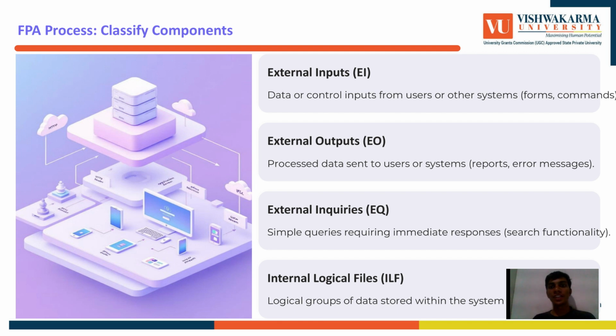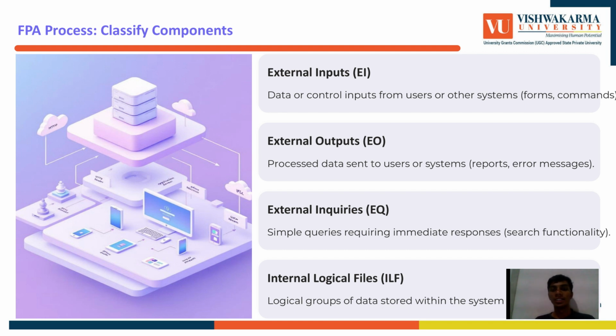Step 2 is to classify the components of the system. There are 5 types. Let's break them down with quick examples. External input, EI, is data entered by the user. For example, a form to add a new book. External output. Data that comes out, like a printed report of overdue books. External inquiries. Search or queries like looking up an available book. No data is updated, just retrieved.